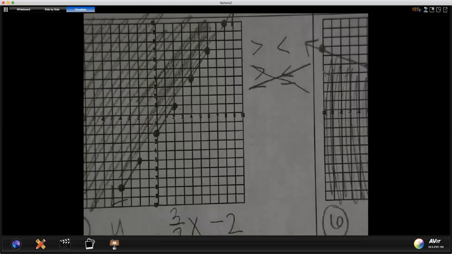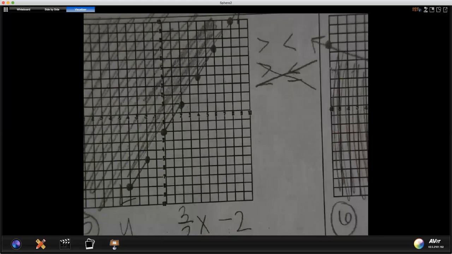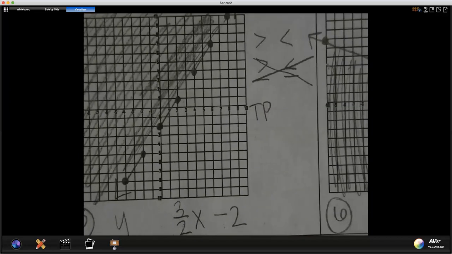What do you think we should do to consider which one it is, greater or less than? What's your thought process? Should it be greater than or less than? How could we figure that out? Get a test point? Good. So if I did a test point, could I pick test point 0, 0?